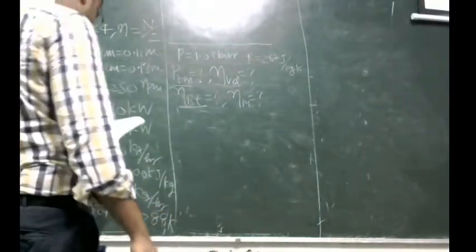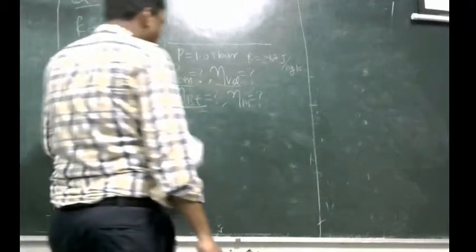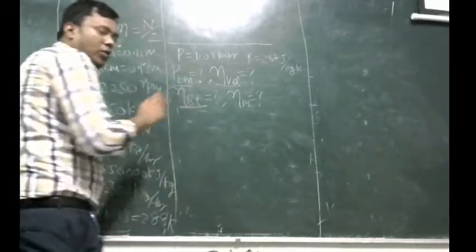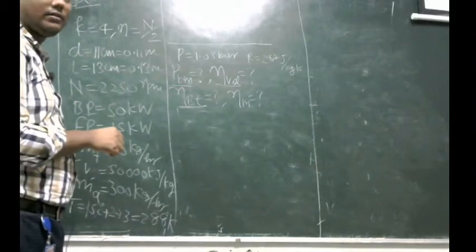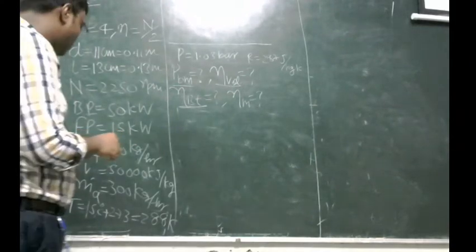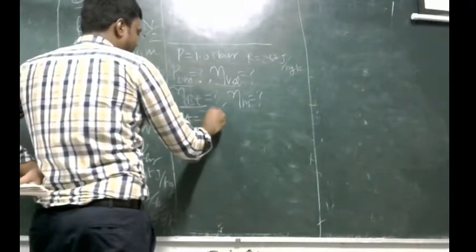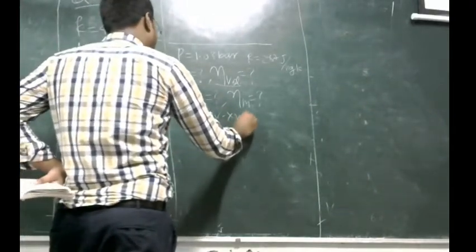So here, to calculate the brake thermal efficiency, we know the formula: brake thermal efficiency is equal to brake power by heat addition. So first we have to calculate the heat addition. For heat addition, it is equal to calorific value into m dot f.